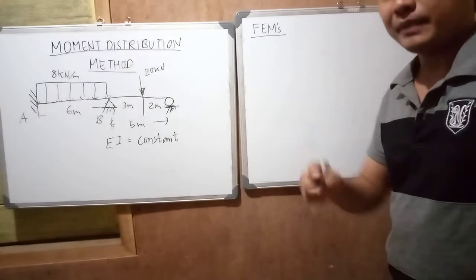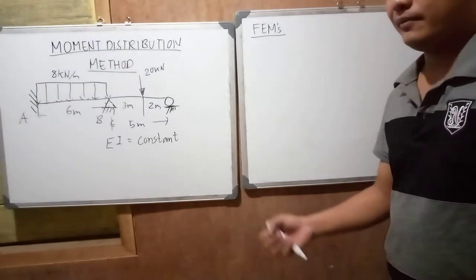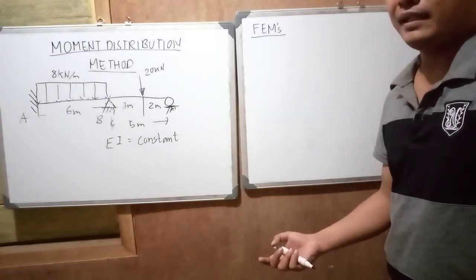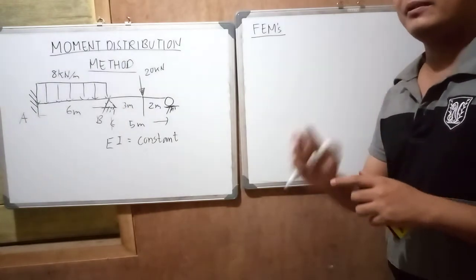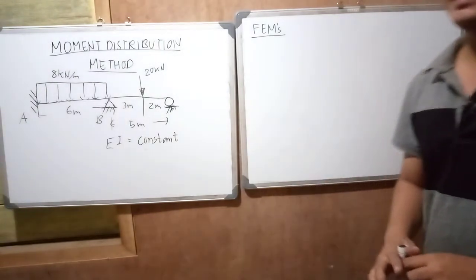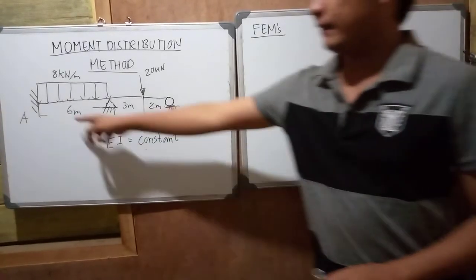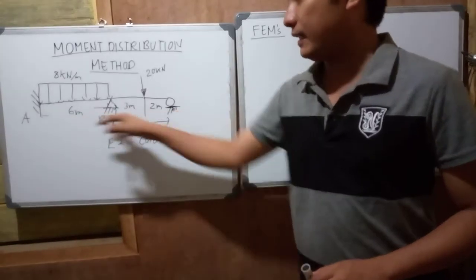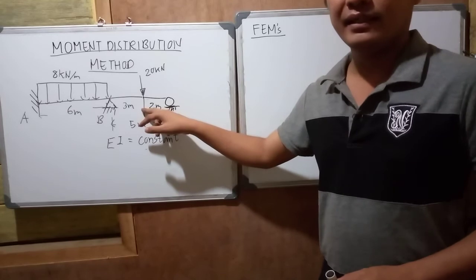The most practical method that I could suggest is the one we are used to, K is equal to 4EI over L. But we can modify our K, or our stiffness. Instead of 4EI over L for all, you can use 3EI over L.